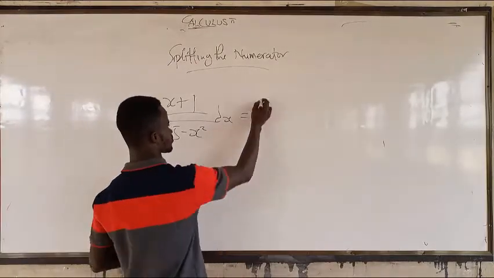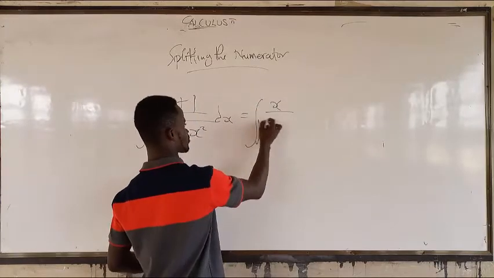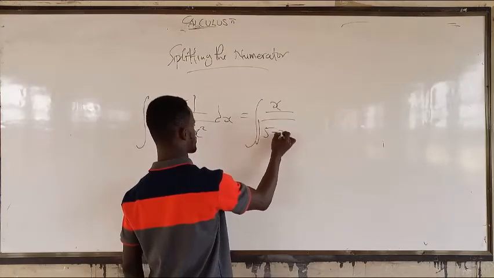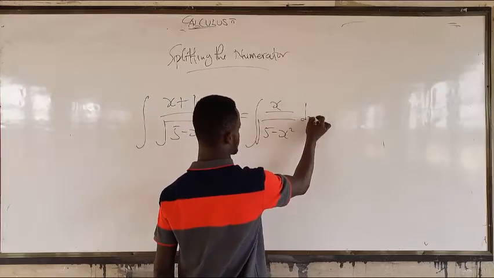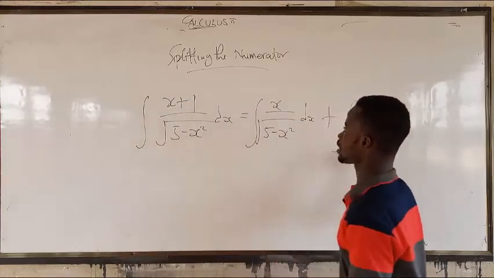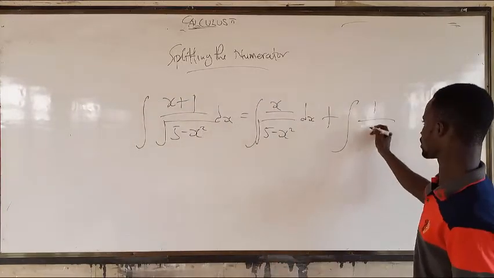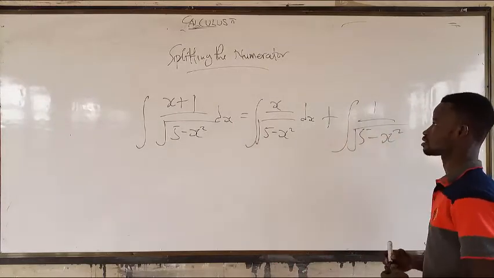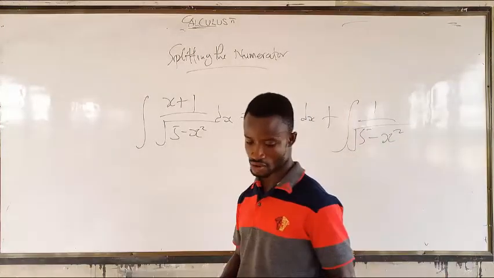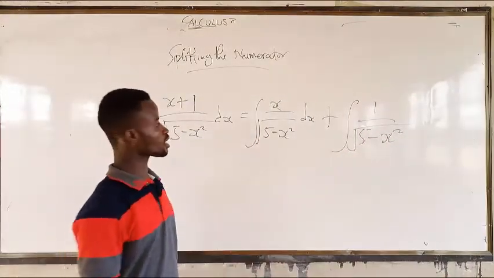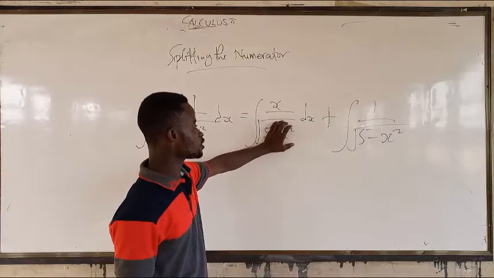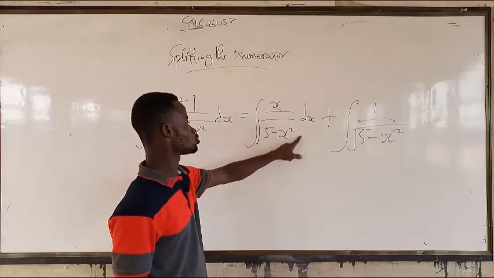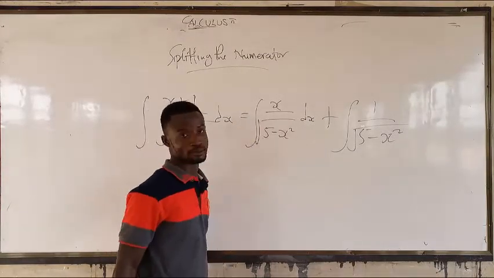Let's see. The integral of 1 over the square root of 5 minus s squared. Quick, you go your way. With this, you can see that this is just u-substitution.